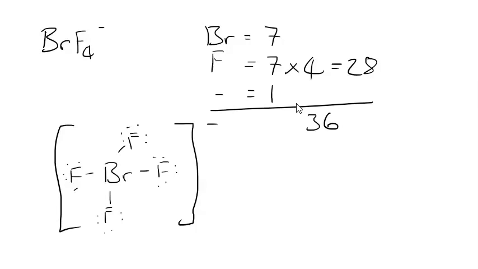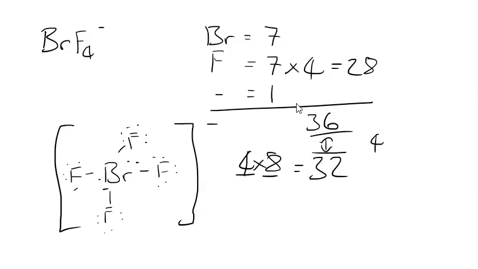Okay, so now we've got 4 times 8, so 4 atoms, each with 8 electrons around them. So that is 16, that's 32. So we're missing 4. The difference between this and 36 is 4 electrons. So we need to put 4 electrons around that bromine central atom. And that's how you do Lewis diagrams. In the next video we will look at how to name these new shapes. Thanks for watching, see you then.